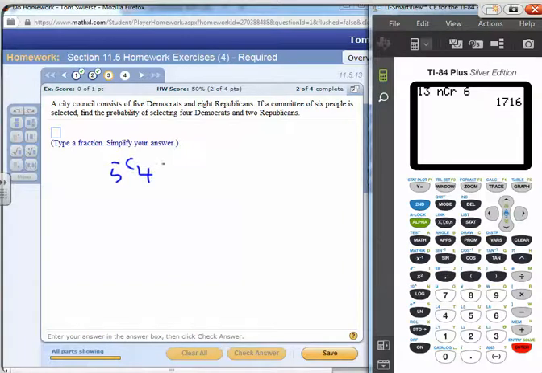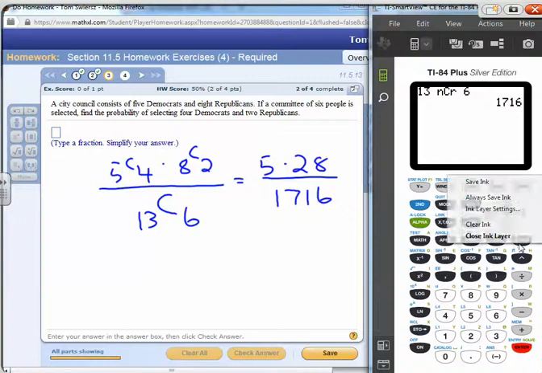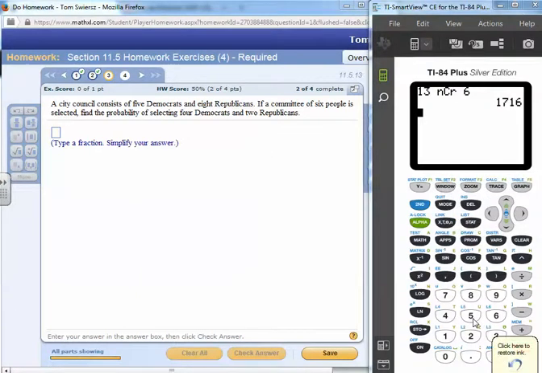So now if you remember, the numerator was 5C4 for Democrats times 8C2 for Republicans, over all the different selections, 13 altogether, and we're selecting 6. This 5C4 was 5, 8C2 we did was 28, and this is 1,716. So now we're going to do 5 times 28, divided by 1,716. This makes sure we have it in reduced form.